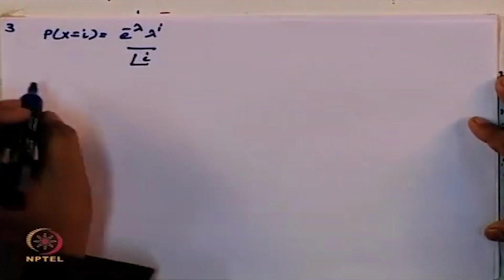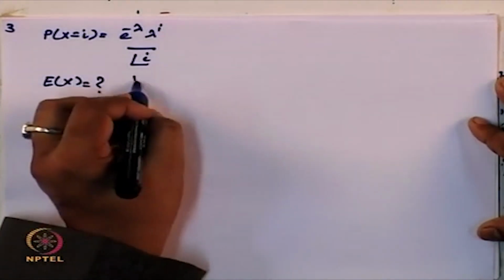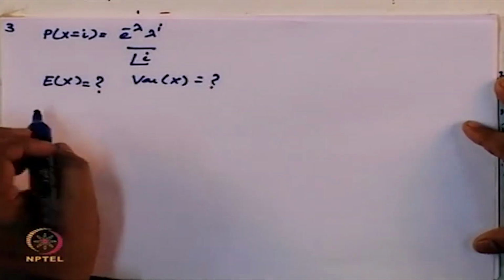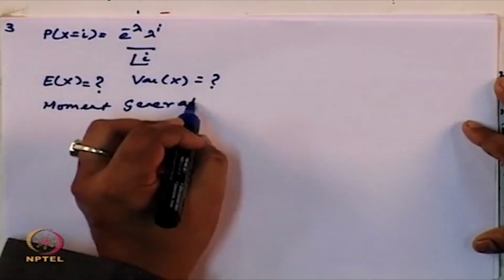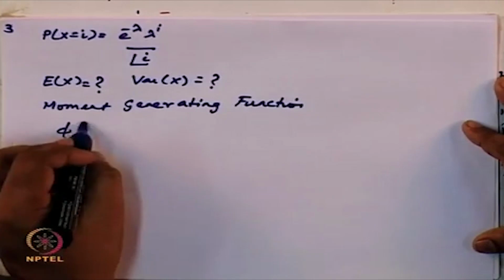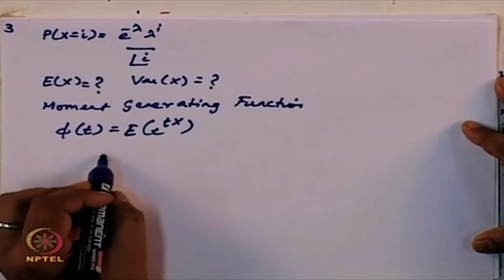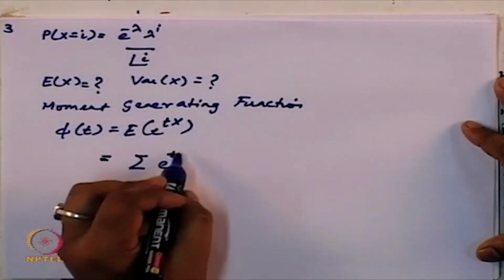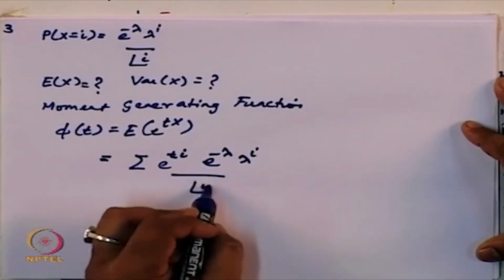Now, let us try to find the expectation and variance of x. We can use the moment generating function, and if you remember, phi of t is given by the expectation of e to the power tx. In this case this is the summation of e to the power ti, e to the power minus lambda, lambda to the power i by factorial i.